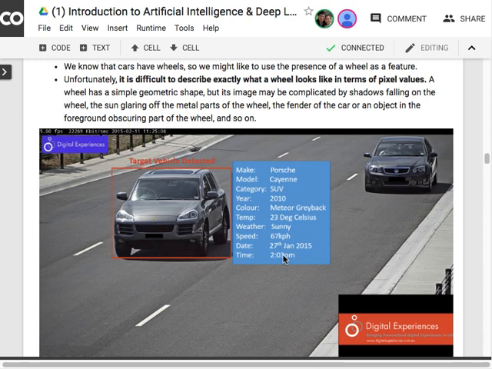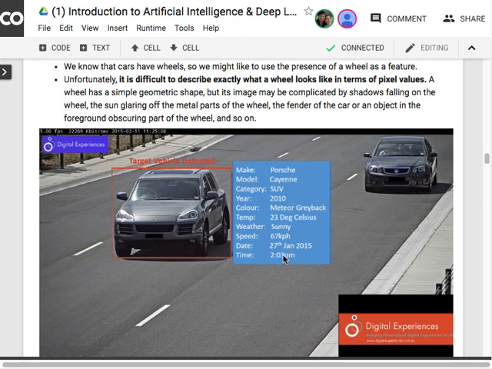Something like a snow situation, where the light is very bright because the snow is white: the rule that you wrote down to detect the car is misled and fails in some specific situations.